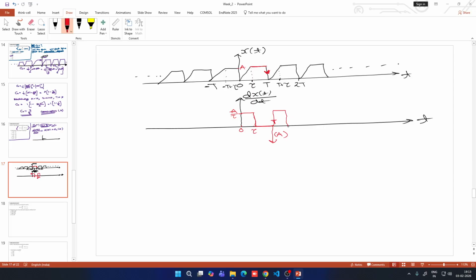Here this is T plus tau, and till 2T it is again 0. Then again there will be an impulse of A, and the same thing will repeat.